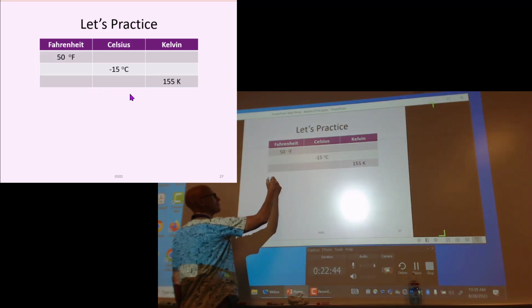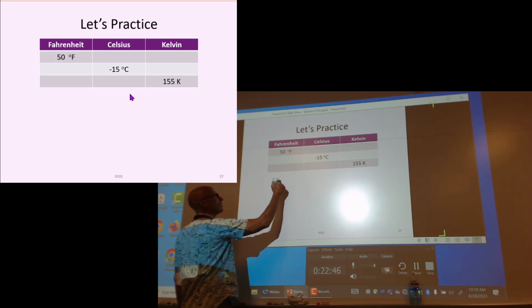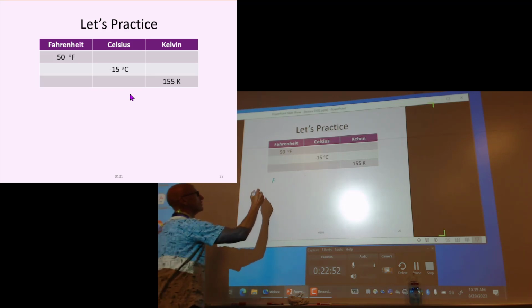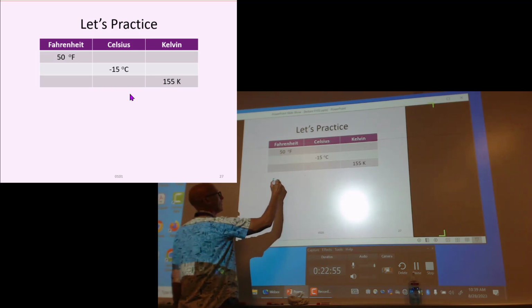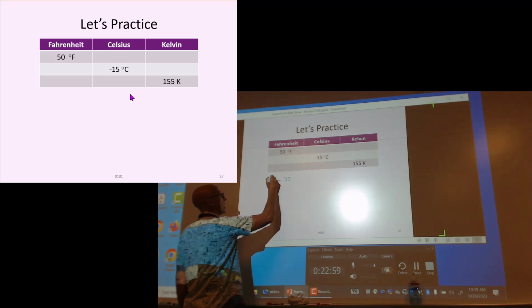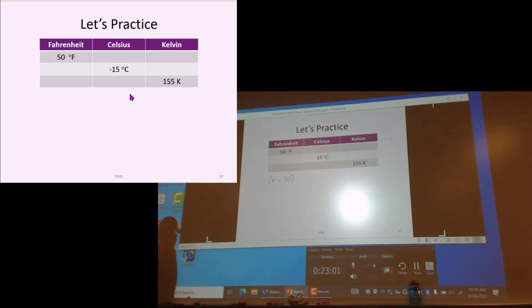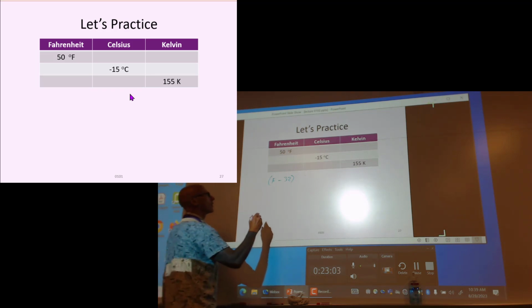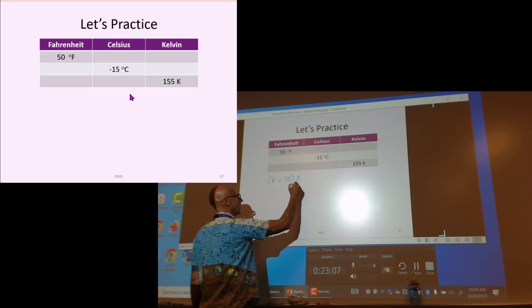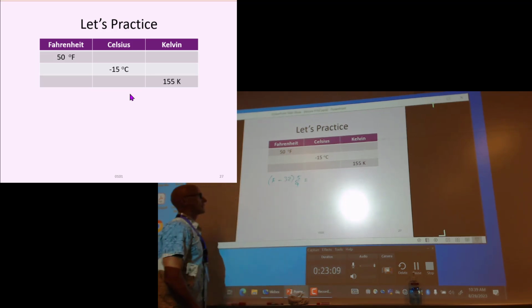So you tell me, if I'm at Fahrenheit, what do I do first? 5 divided by 9, then open brackets. Fahrenheit minus 32. There we go. That's where we're going to start, Fahrenheit minus 32, right? Then Fahrenheit's going to get a little smaller, so I make a small fraction. It's going to look like this, correct?